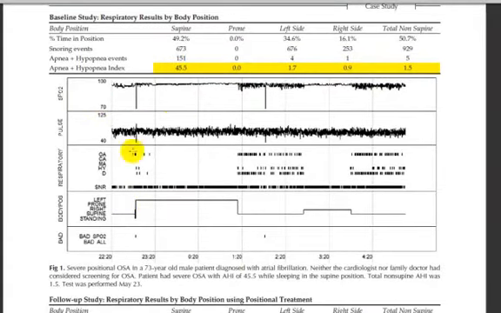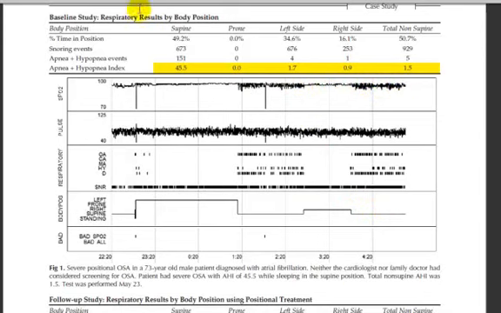Here, what we see is the patient fell asleep supine at the beginning of the night, around 20 after 10 p.m. When they're on their left side, the SpO2 is relatively flat. However, as soon as they go back to sleeping supine, or sleeping on their back, you'll notice the SpO2 goes up and down like a yo-yo. When they turn to their right side, the SpO2 is relatively flat again. And as soon as they go back supine, the SpO2 is up and down again, frequent desaturation.